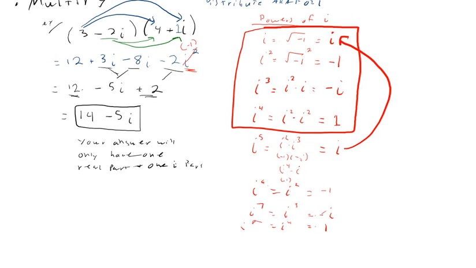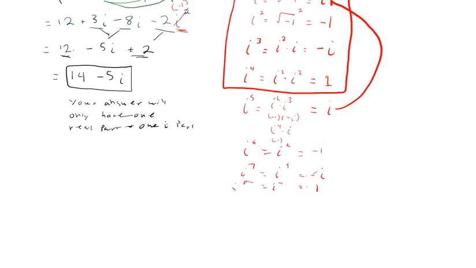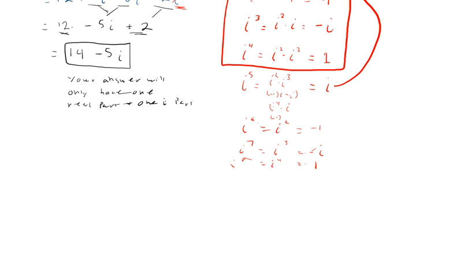So, here's a question I have. What is i to the power of 53? I'll write this bottom one again. i to the 8th power is i to the 4th power, which is back to 1. That's i to the 6th power. All right, i to the 53rd power. What do we think?